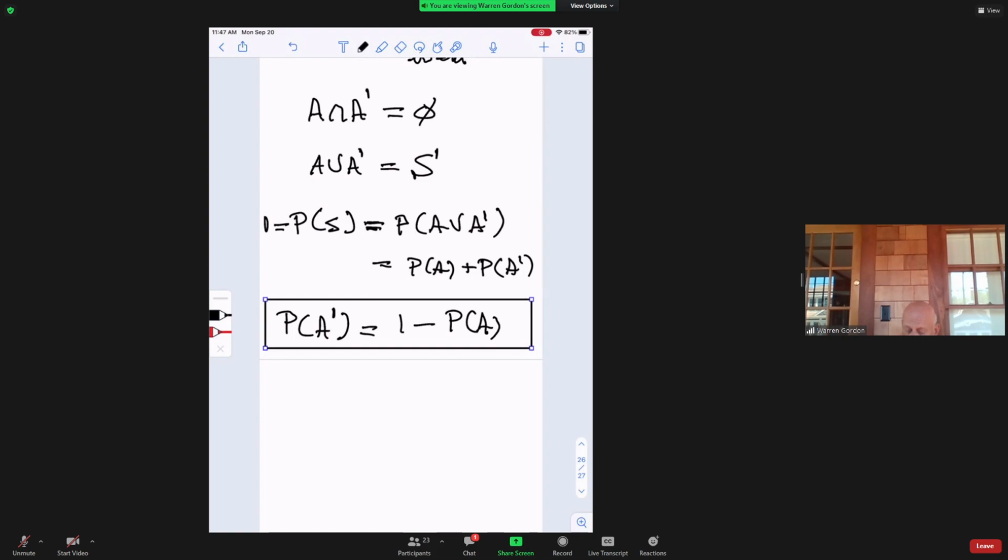For example, suppose the probability of rain is 0.7, then the probability it doesn't rain is 1 minus 0.7, or 0.3.